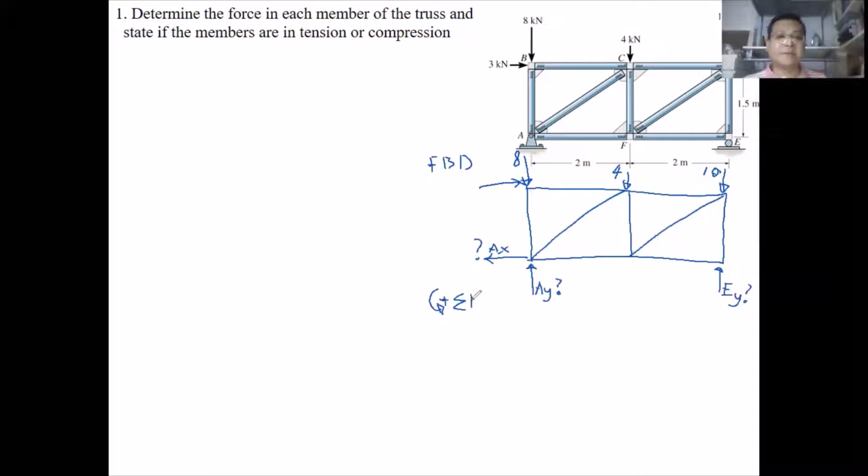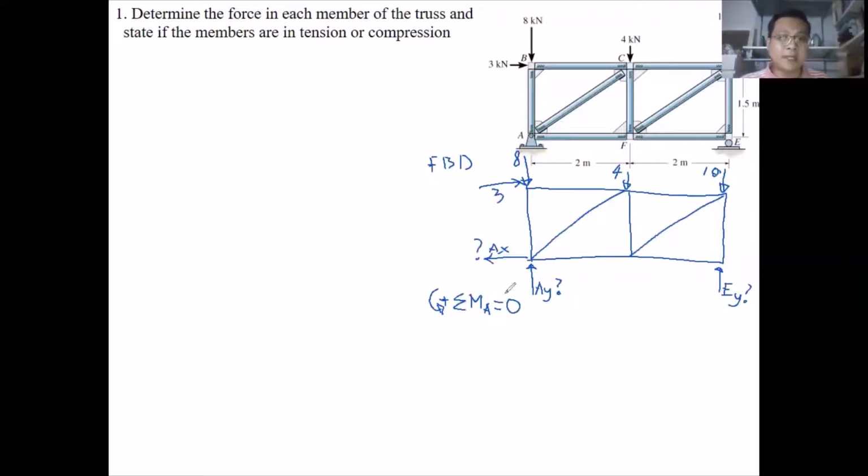Sum of moment at A equals 0 because it is an equilibrium system. So what is the sigma of moment at A? A is the reference point for calculating the moment. It's 1, 3, right?